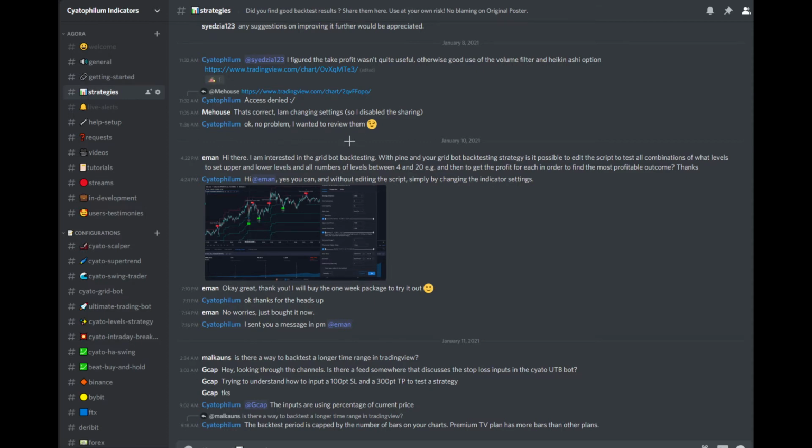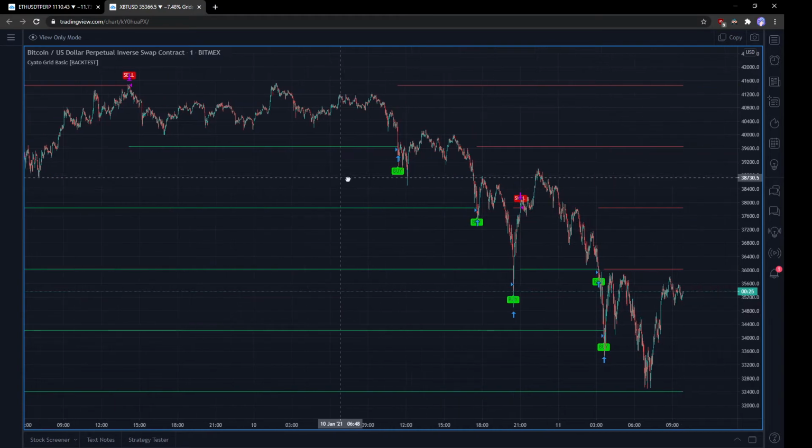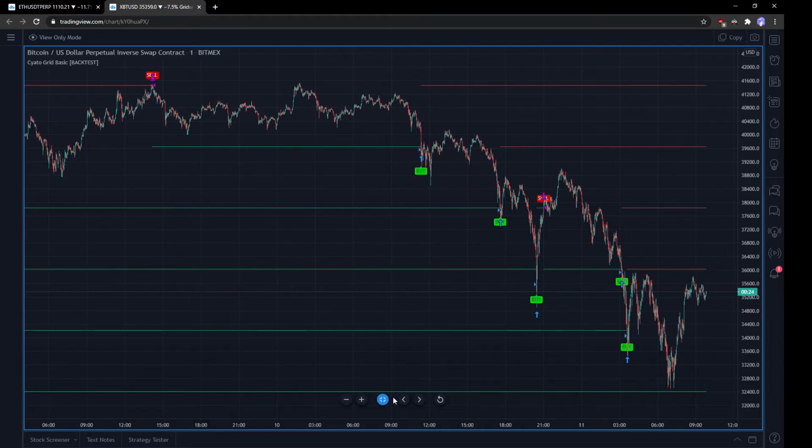So here is the grid bot that, as you can see, was shared by Mayhouse. So let's take a look. Oh, sorry, changing the scene. Okay, so now you can view better. So here we got, wait a minute, I need to copy.